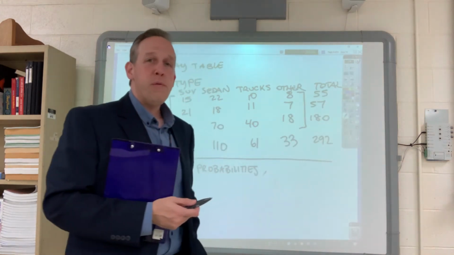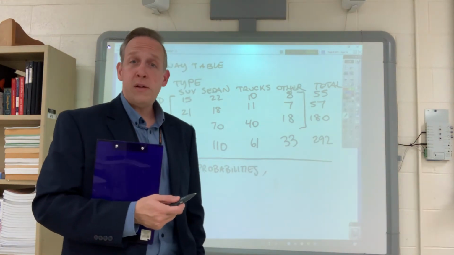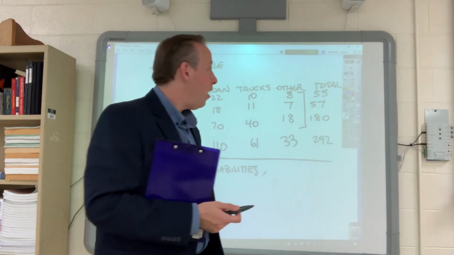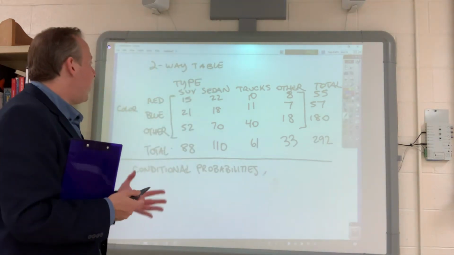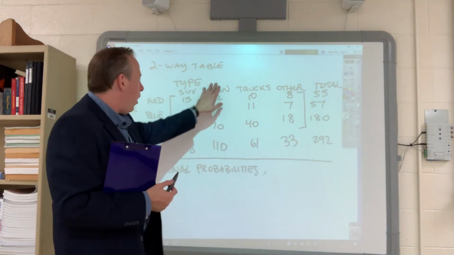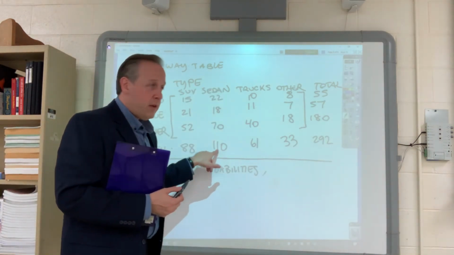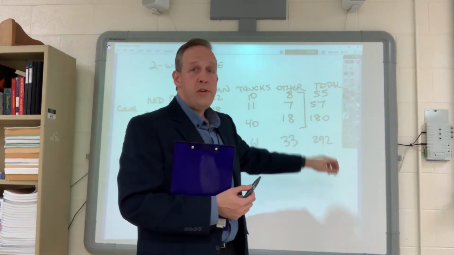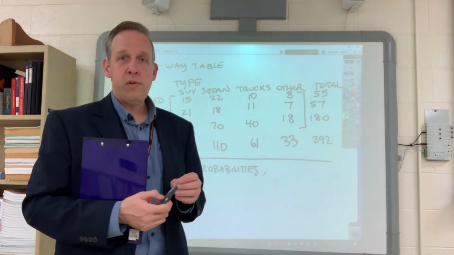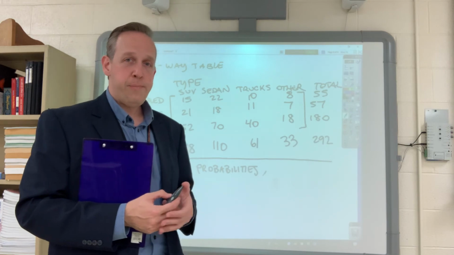So the probability would be 55 divided by 292. You could reduce that, you could make it a decimal. What if I asked for the probability of finding a sedan? Well, there were 110 sedans out of the 292 cars in the parking lot. Again, it could be reduced, turned into a decimal, what have you.